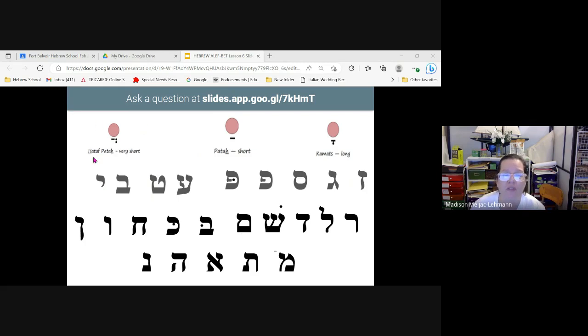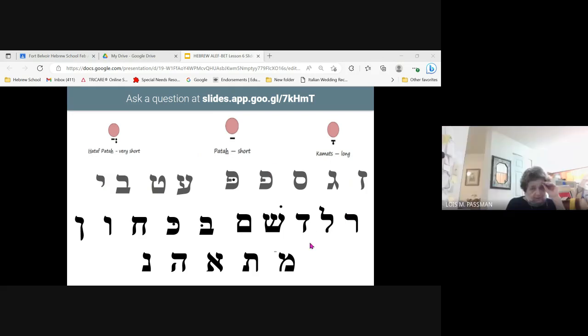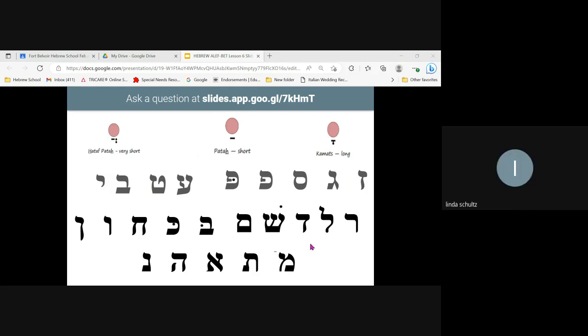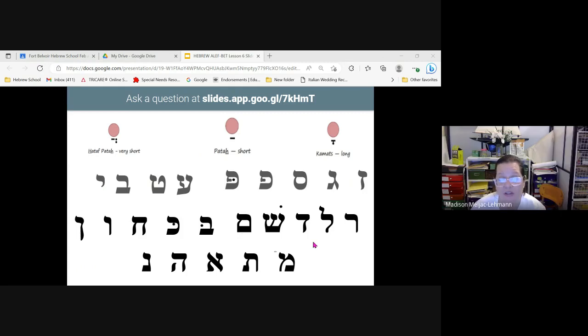Here's our hataf patach, and our patach short and our kamatz long. So if I were to do any of these letters and add these vowels, what sound would it make? Someone said ah, correct.